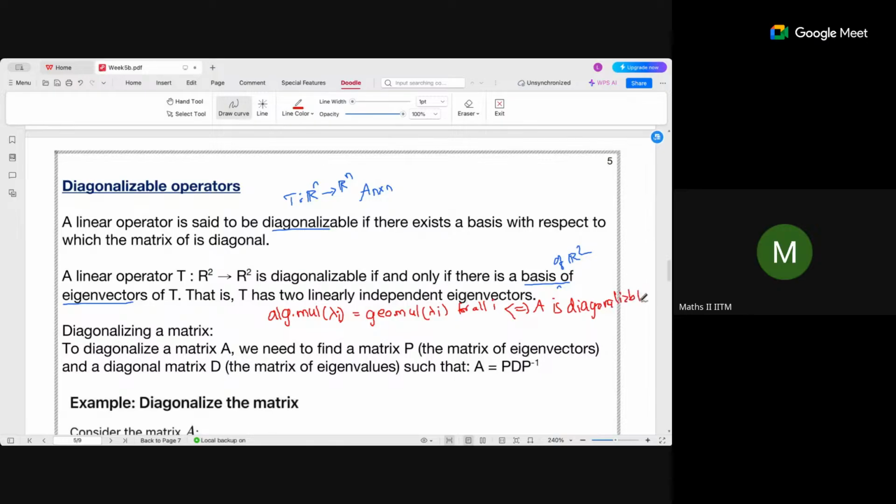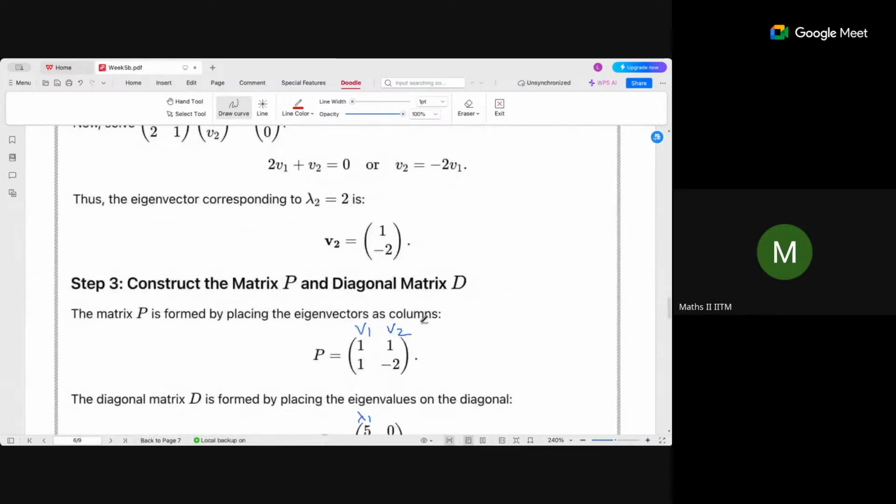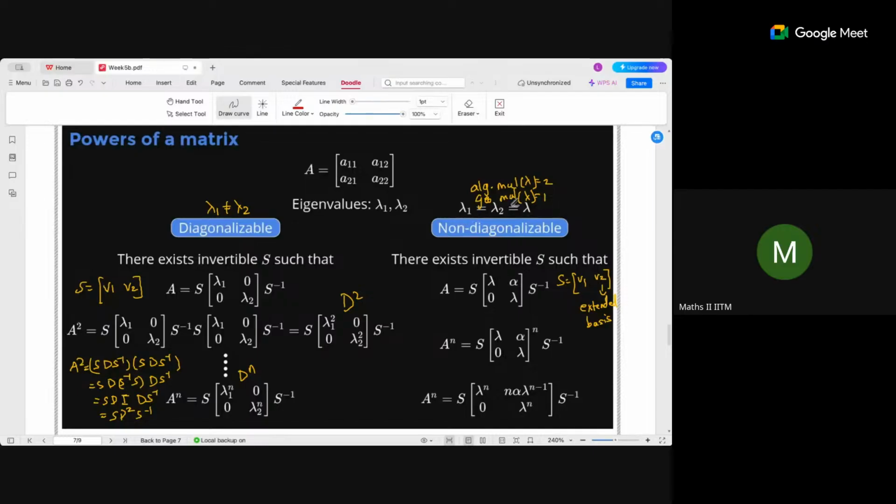So we can diagonalize only if I have this condition. If they are not equal, then you know that it is not diagonalizable. If algebraic multiplicity is not equal to geometric multiplicity, then it cannot be diagonalizable.